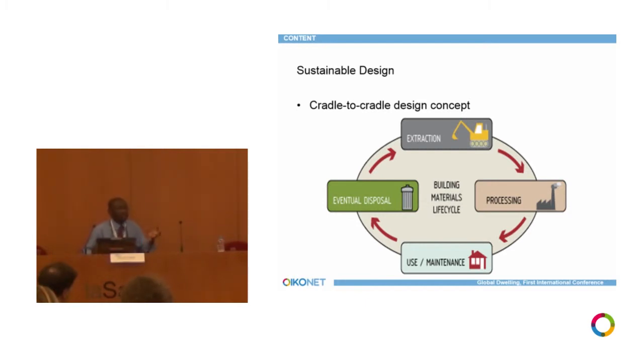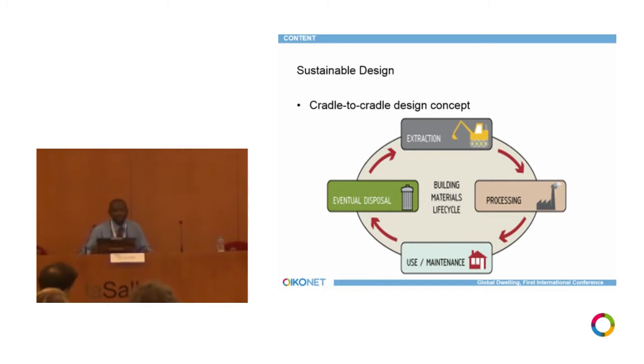And at the end of the useful life, the building materials, if possible, should be reused, and if not, recycled and used for other purposes instead of disposing of them.